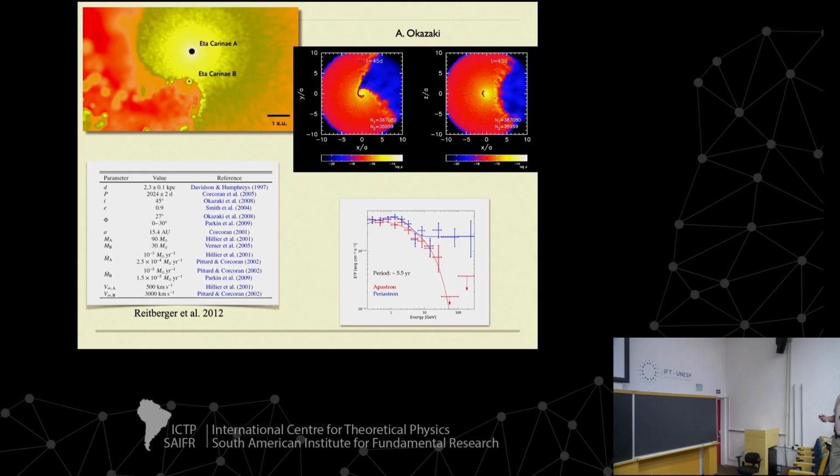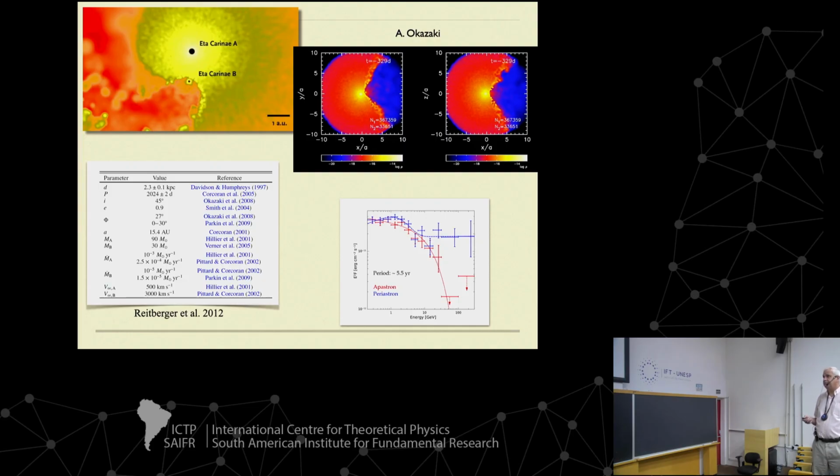This is Eta Carinae, the most massive star, and the small star you see here is the companion, the Wolf-Rayet star, and you see the complexity of the wind interactions with all the instabilities and all the details in the simulation. These are big particle-in-cell simulations that track millions of particles. The Chukawa Center for Computing Astrophysics was used to make these simulations.